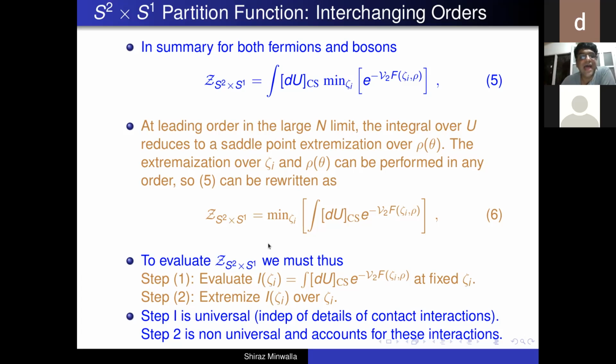Okay, and then in step 2 we extremize the result of the first step over all zeta I. Almost everything interesting in my talk will be in step 1. We'll come to step 2 right at the end of this talk.